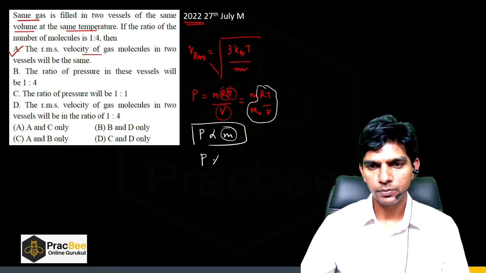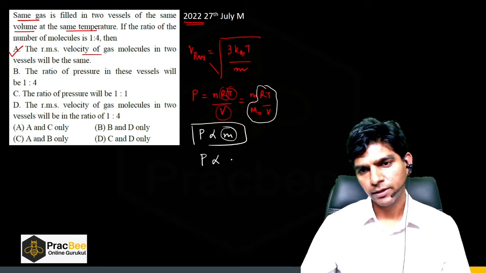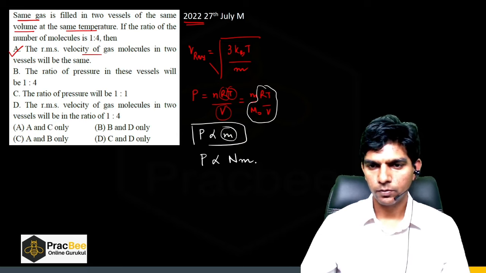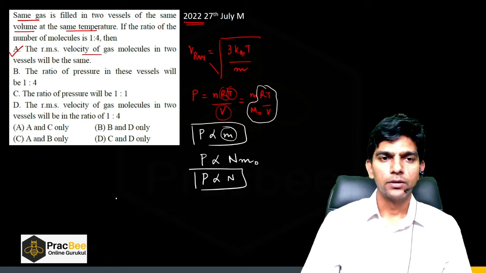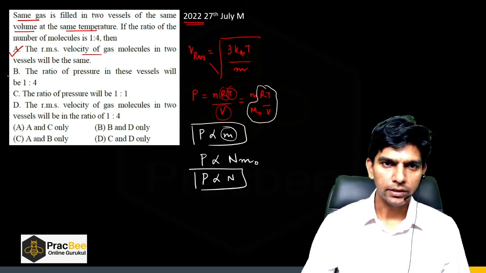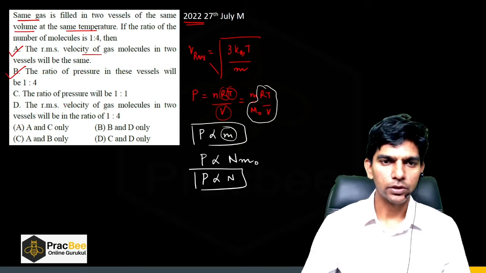It will be number of molecules times mass of one molecule, where m naught is the mass of one molecule. So we can say P is directly proportional to number of molecules. So statement B is again correct, because it is directly proportional to capital N, where N is the number of molecules.